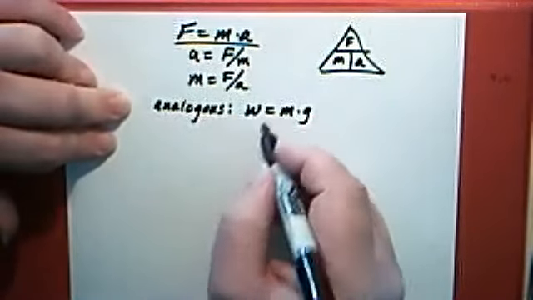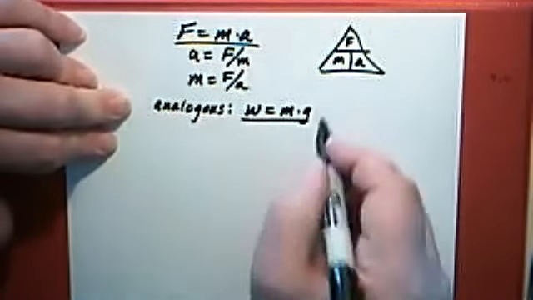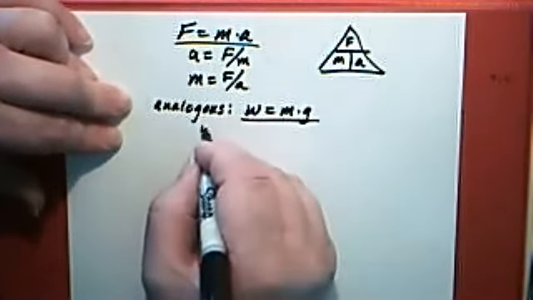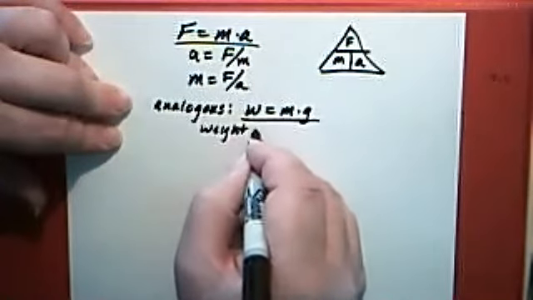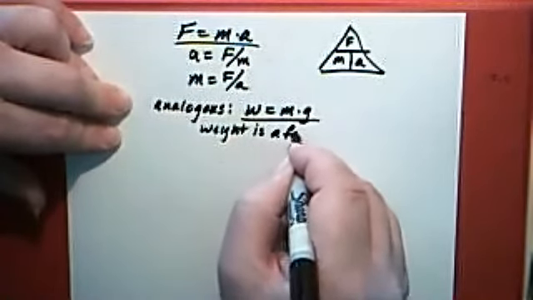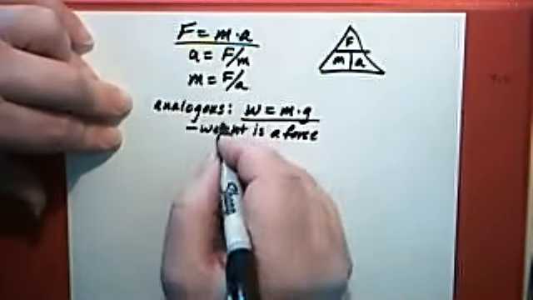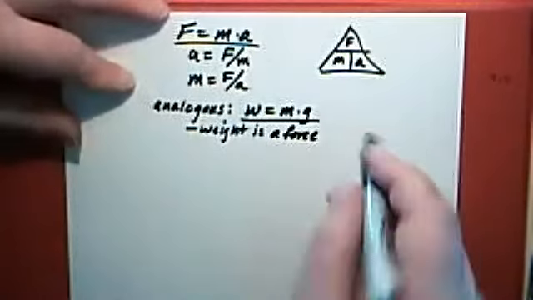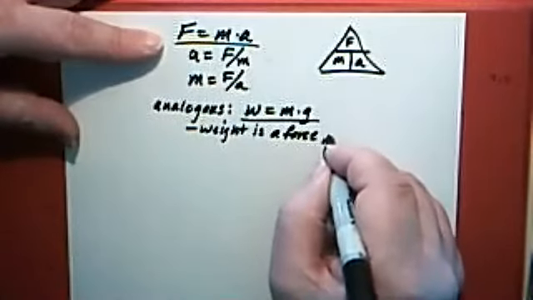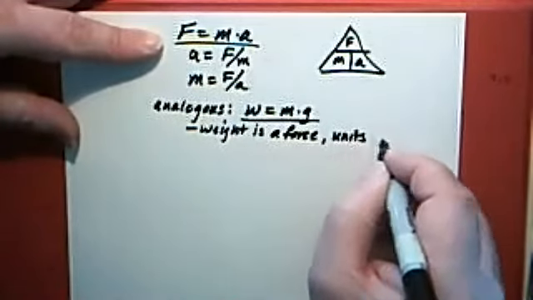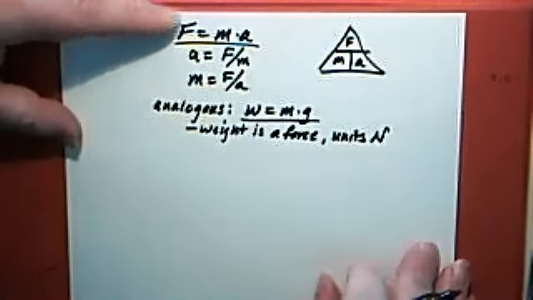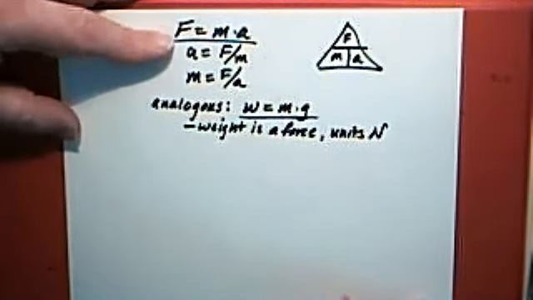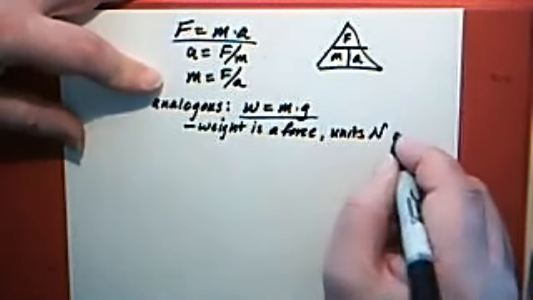Okay, and remember also that there's an analogous equation for weight, because weight is a force. It's a downward force caused by the pull of gravity on your mass. And so the units for weight in the SI system would be the same as the units for force, which would be newtons.